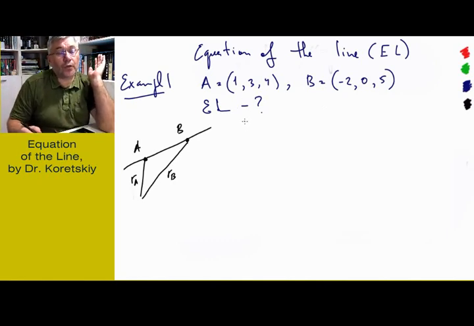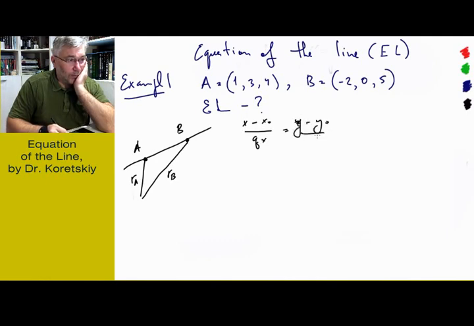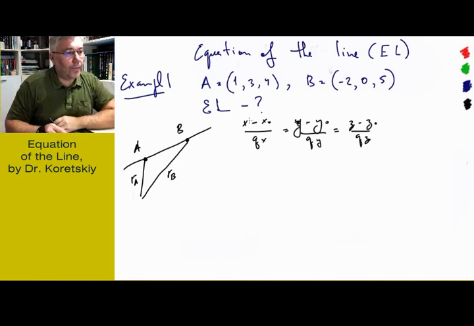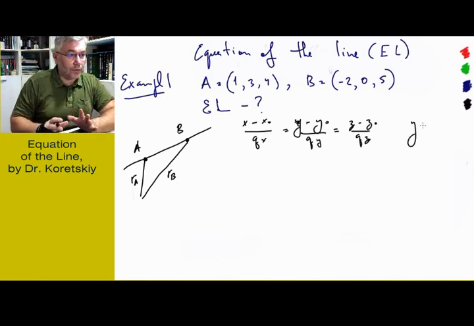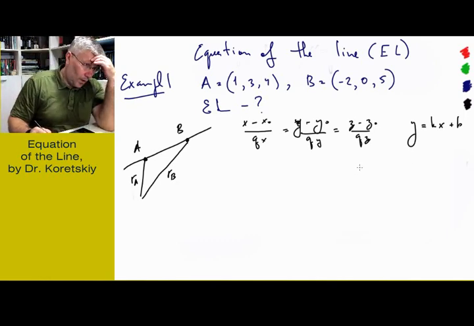So I can use the canonical one. So I have here x minus x0 over qx, y minus y0 over qy, and that is equal to z minus z0 over qz. So x, y, z here are variables, exactly like in our equation y equals kx plus b.